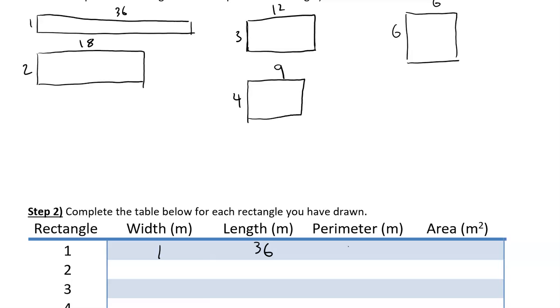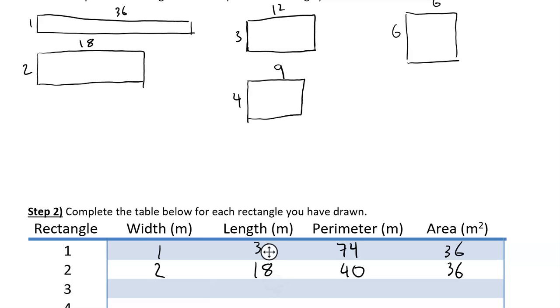The perimeter is, as we already said, 1 plus 36 plus 1 plus 36, which is 74 meters. And we know all of these have an area of 36 meters squared. The second one has a width of 2, a length of 18. And if I go 2 plus 18 plus 2 plus 18, all the way around, that gives me a perimeter of 40. And again, it had an area of 36 meters squared.